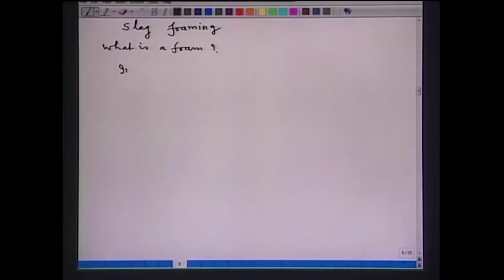Now, given this definition, in steel making, slag foaming occurs due to the following reactions.